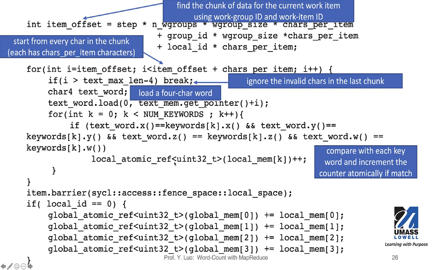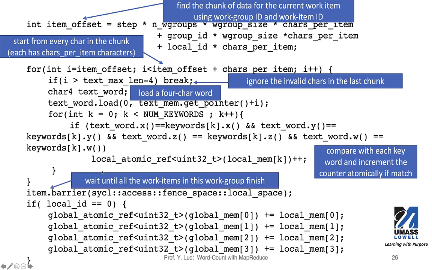If there's a match, we will increment the corresponding counter in the local memory. Note here that this is an atomic increment, so we make sure that the read, update, and write operations are all completed at once without interruption. So all the work items will go through their data chunks, do the comparison with the keywords, and update the local counters if necessary.